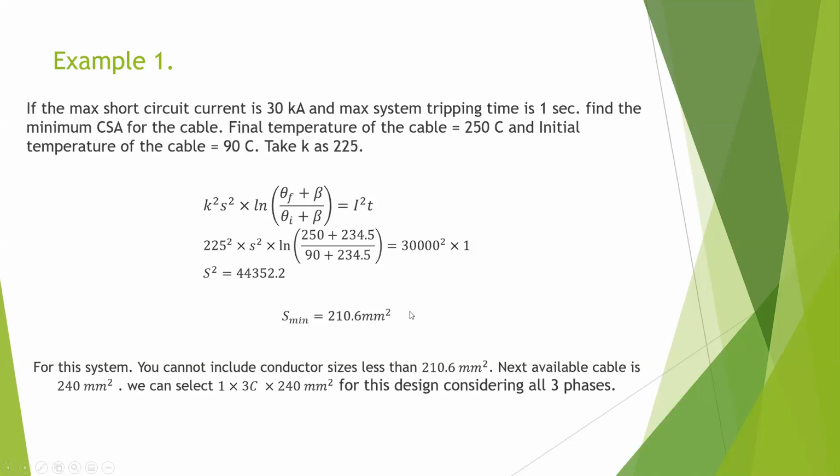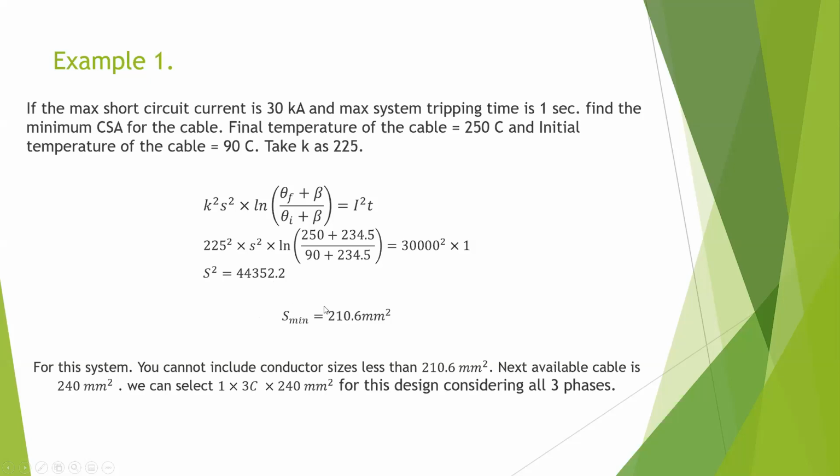So in distribution cable sizing, after finding your minimum cross-section area, this is based on the short circuit current of the system. The short circuit current of the system will be given to you in the question, and the tripping time will also be given. So you are going to find out this cross-section area, which is the minimum we can use for this design.